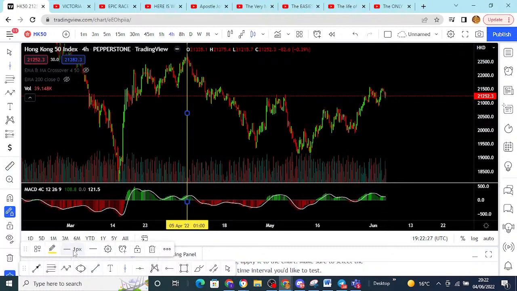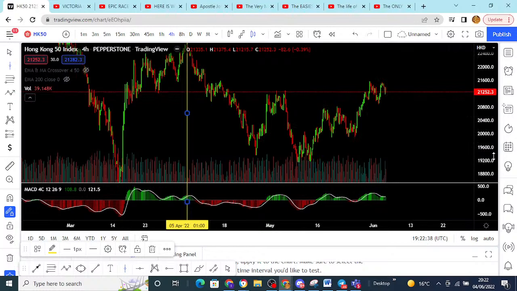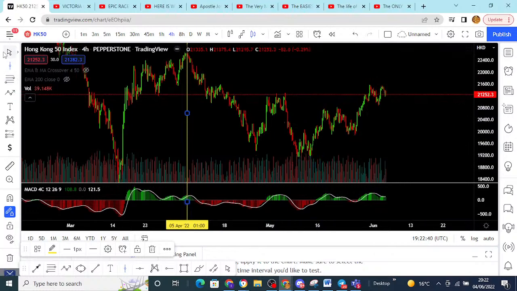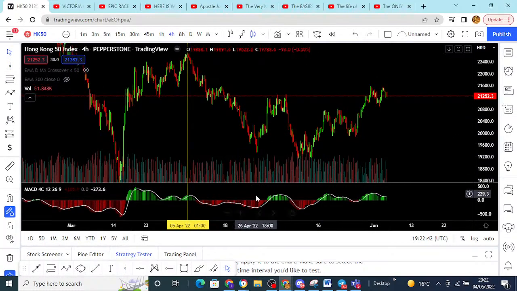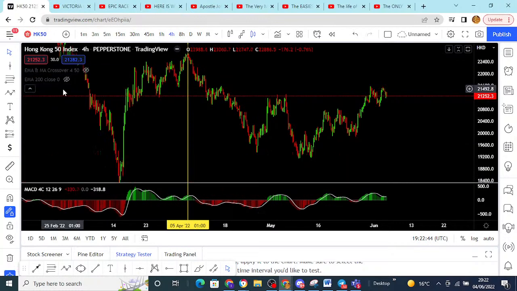So first of all, we identify the supports and the resistances. Now, regardless of your trading style and regardless of how you perceive the market, whether you're a swing trader, a scalper, or an intraday trader, what you must do is very quickly understand your supports and resistances.